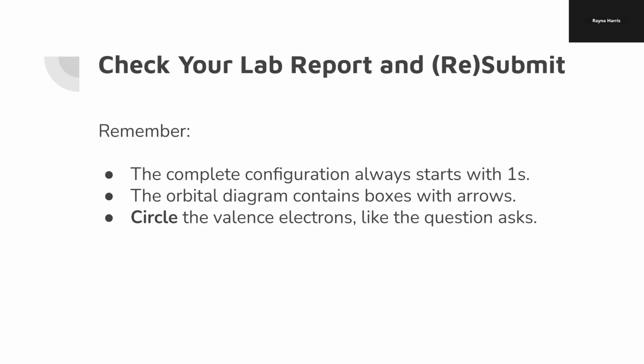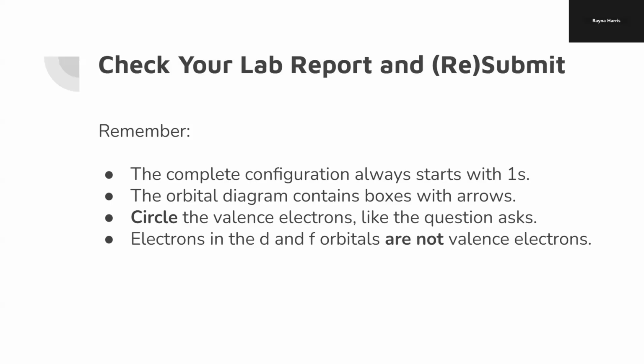So you could circle like this on the orbital diagram, or like this on the electron configuration. Electrons in the d and f orbitals are not valence electrons. They are one shell inside.